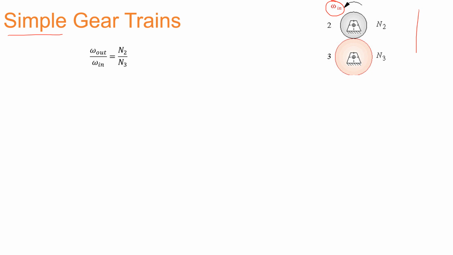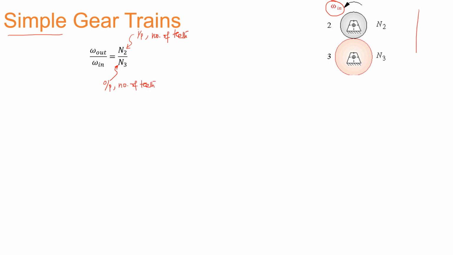Gear number 2 is going to have a rotation, forcing gear number 3 to have the output. The ratio between the angular velocities of the two is going to be N2 over N3, where N2 is the input side, and this is the number of teeth, and N3 in this case is going to be the output side, and obviously this N is indicating number of teeth as well.